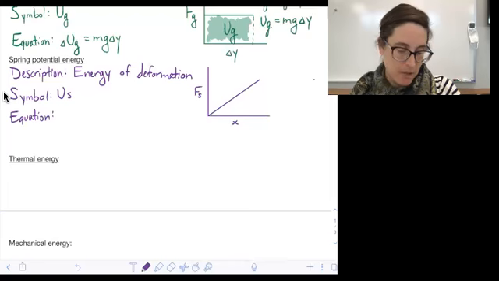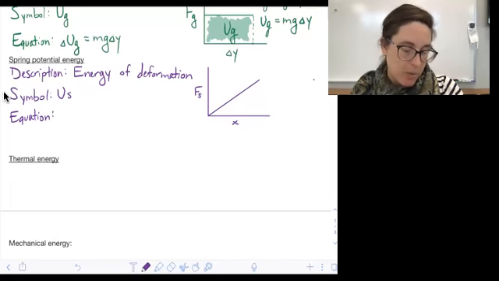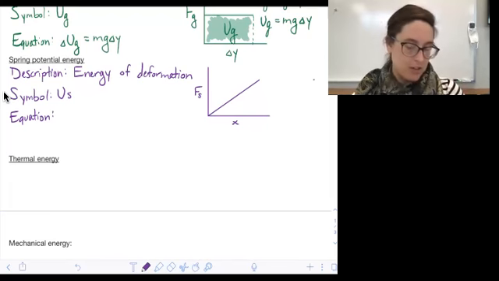So 1/2 times spring force times the stretch. And we also remember from Hooke's law that spring force can be calculated by doing kx. So it is simplest to calculate the energy stored in a spring by doing 1/2 kx squared.